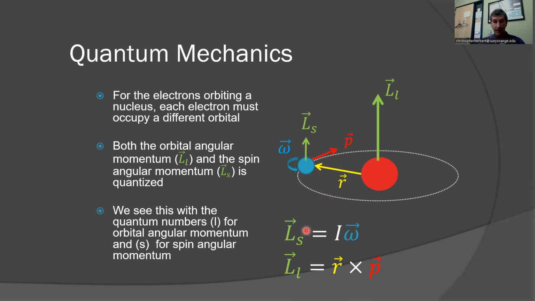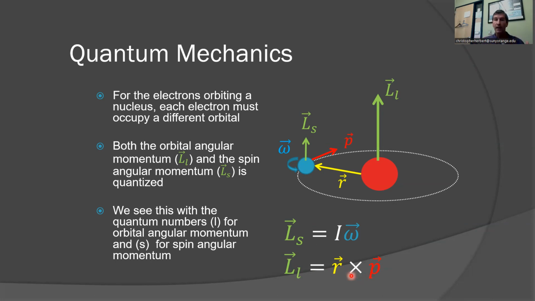So when we look at the total angular momentum of an electron in orbit, each electron has a spin angular momentum. This is quantized. It can either be spin up or spin down. And an orbital angular momentum, which goes by R cross P, which is the classical momentum of the electron around the orbit.